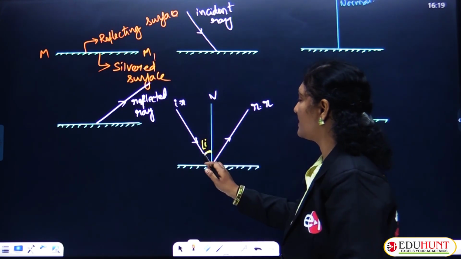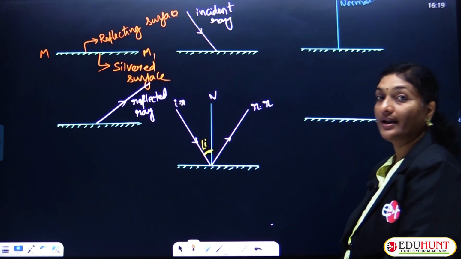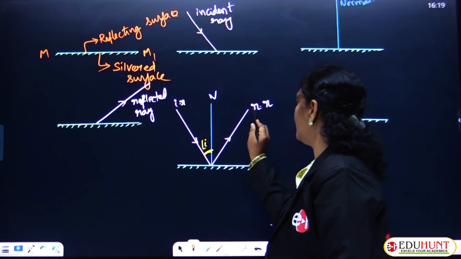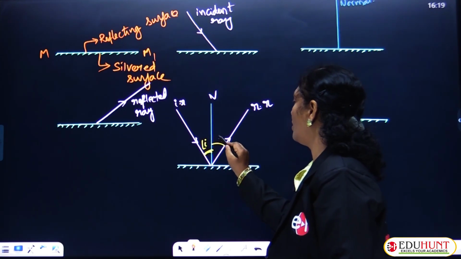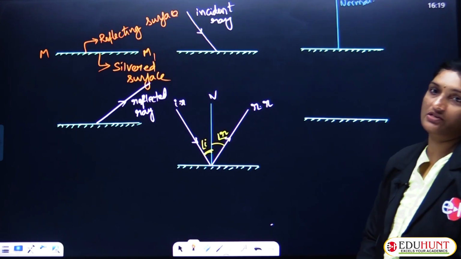Similarly, the angle between the reflected light ray and the normal is called the angle of reflection.